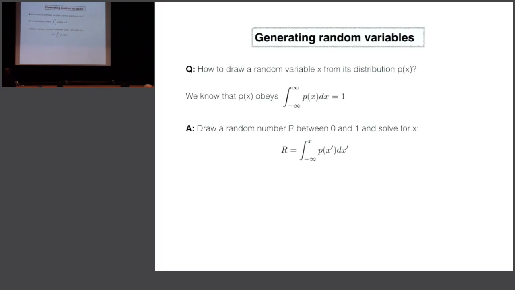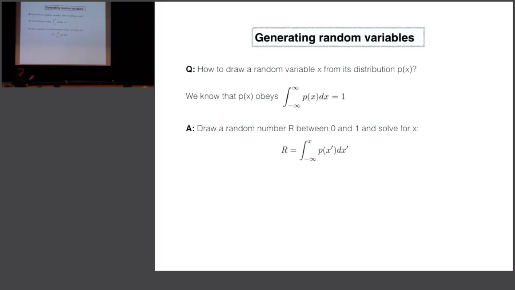So very central. Let us start in a very simple way. How do we draw random variables in general? If we have some variable x that obeys some probability distribution p(x), we know that this probability distribution must be normalized. So what we do then is draw random numbers r between 0 and 1 and invert this equation. You can understand that if r is very close to 1, your x would be at the very tail end of your probability distribution.